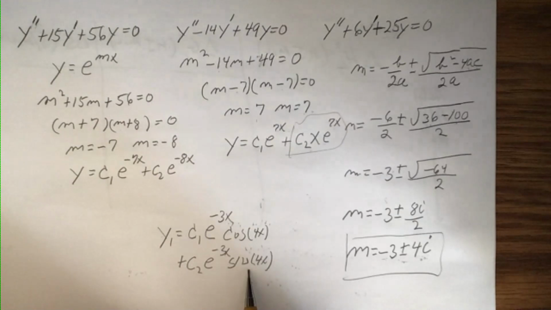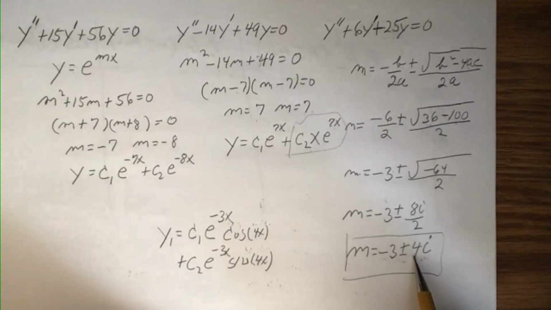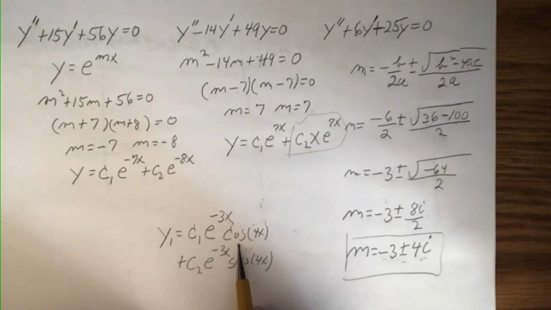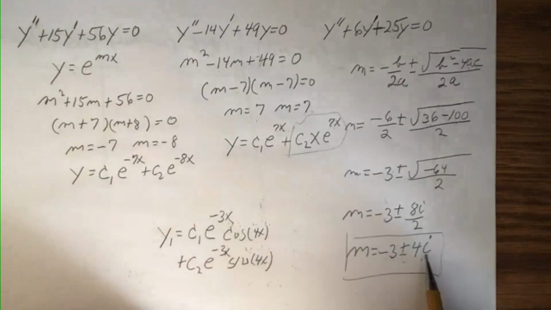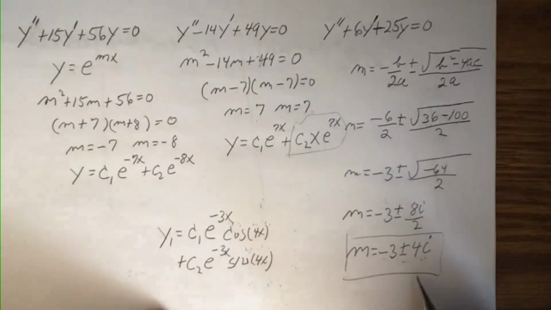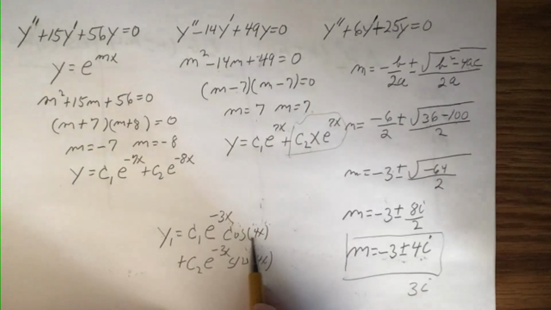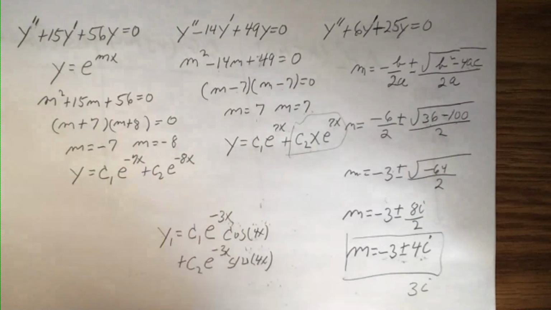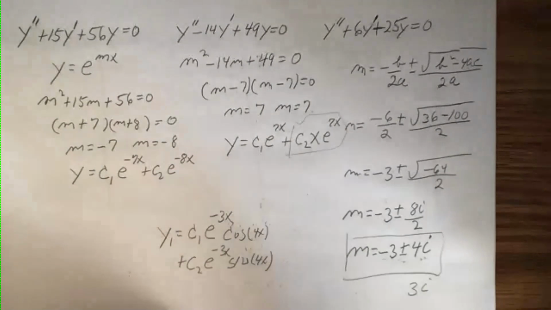So whenever you see a 4i, you're going to make that a cosine, and you're going to make it a sine. For example, if this turned out to be 3i, then you're just going to put a 3 in here. It's actually as simple as that.